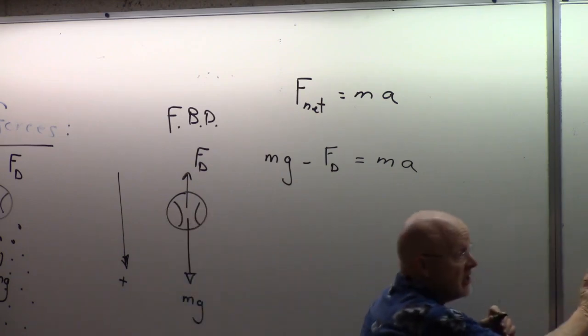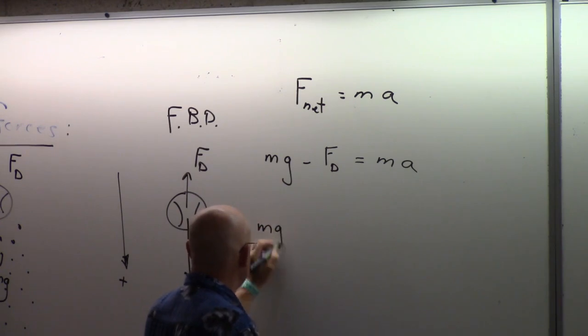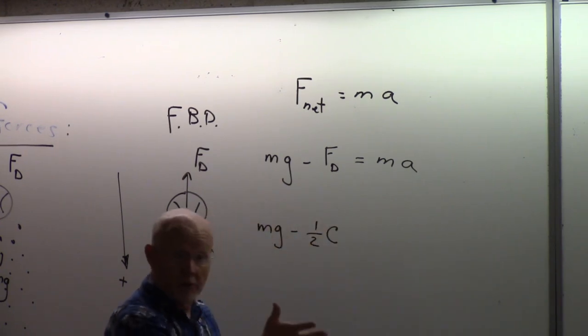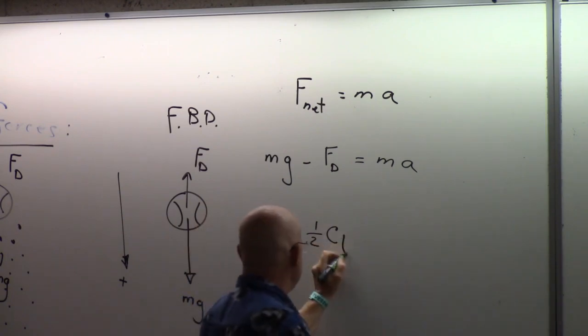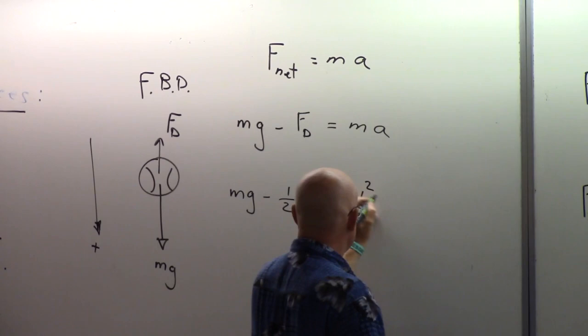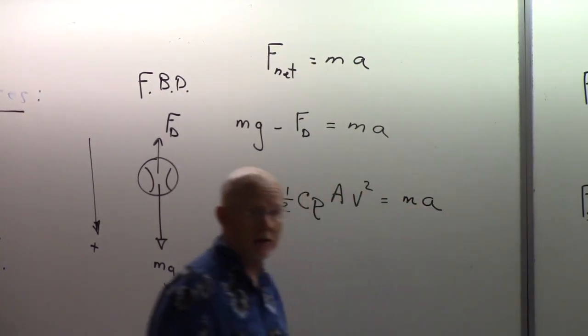And if I'm using this equation for something moving fast, it would become something like this: mg minus 1/2 times the coefficient times the density times the area times the speed squared equals ma.